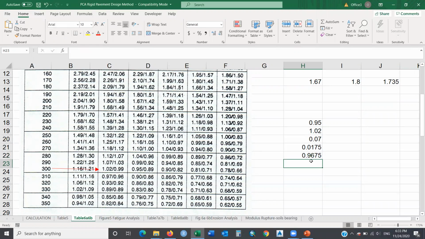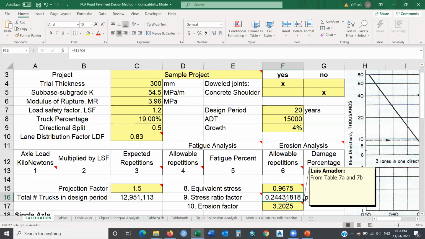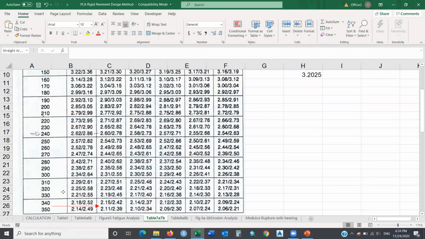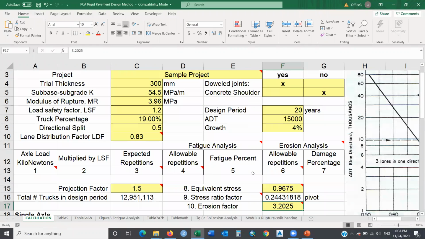So it will be 0.9675. The pivot will be 0.24, okay? The erosion factor needs to be estimated. For 300 it is somewhere between 2.3 and 2.31. So I'm just going to put 2.3.